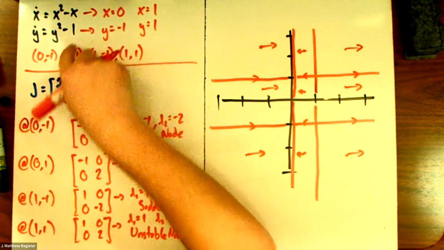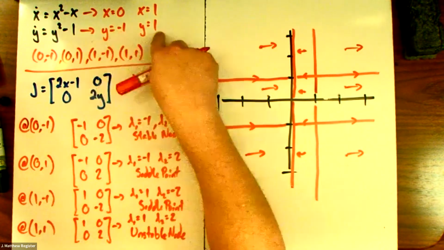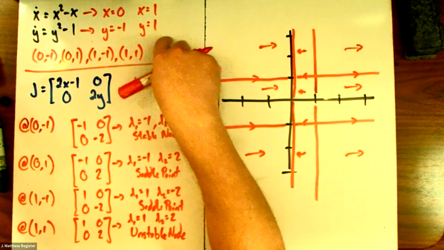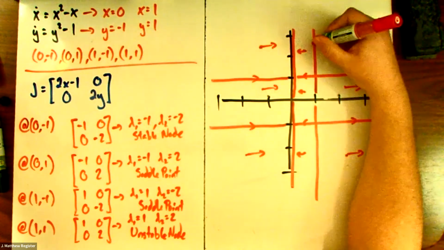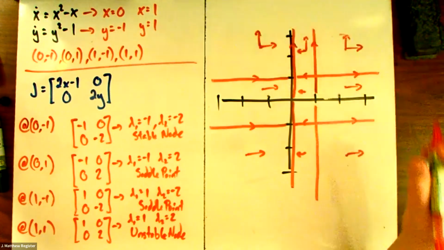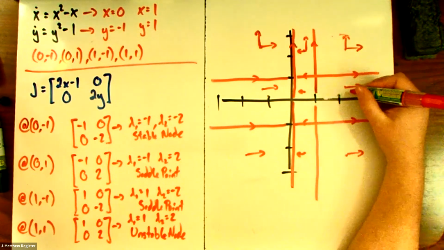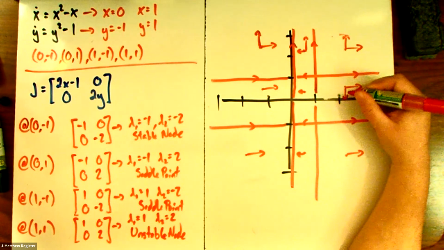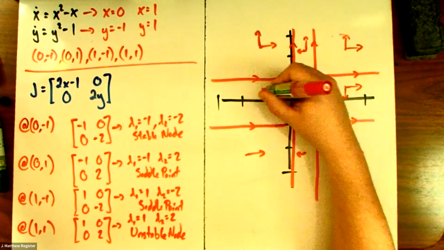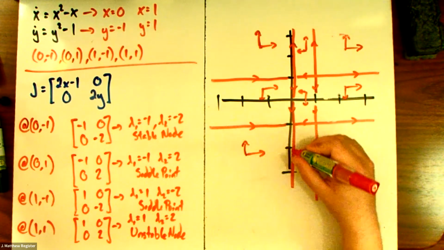For the second equation, to determine the directionality in the y direction, it's broken up by y equals -1 and y equals +1. If we are at a large positive value, it's going to be positive. If we are between -1 and +1, we know we are going to be going in a negative direction. And if we are at a large negative value, it's going to be positive again.